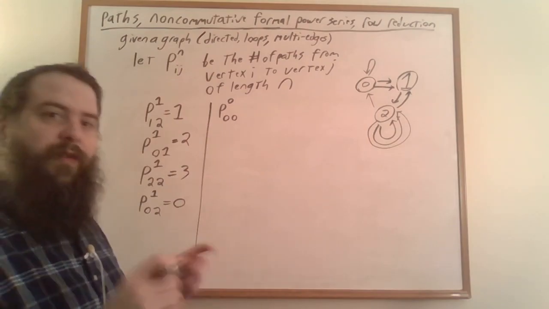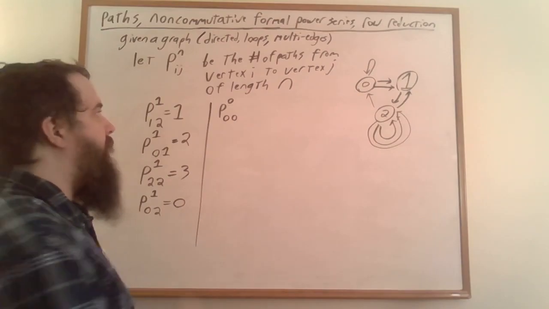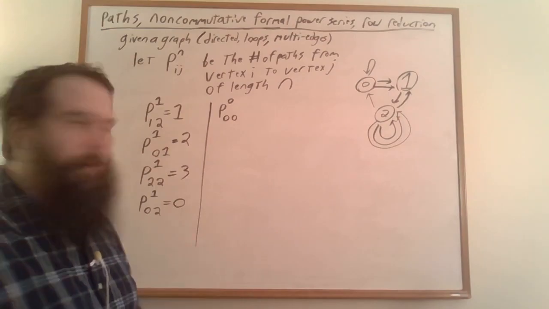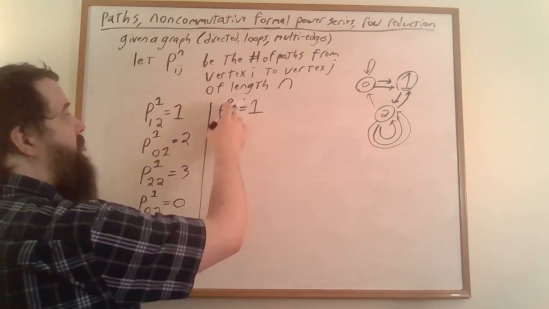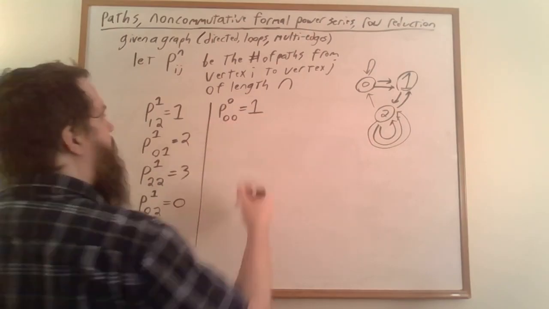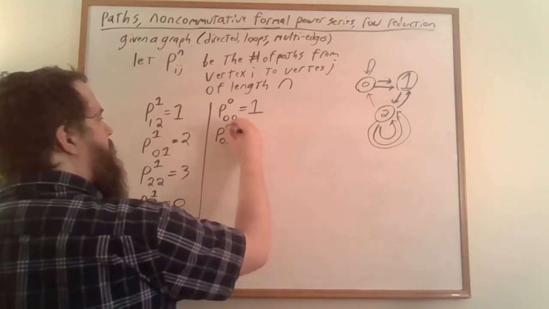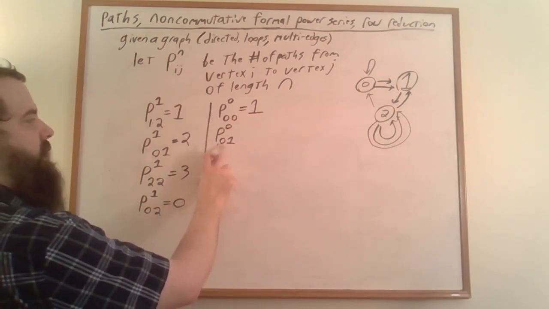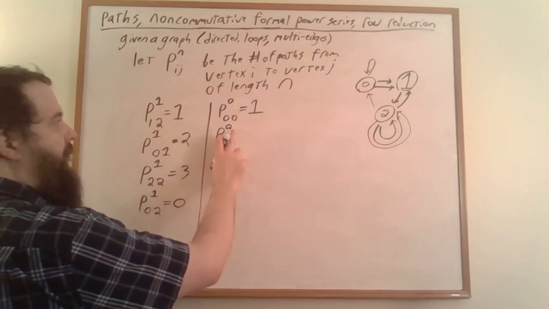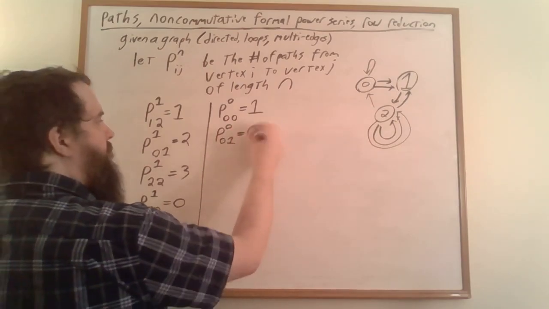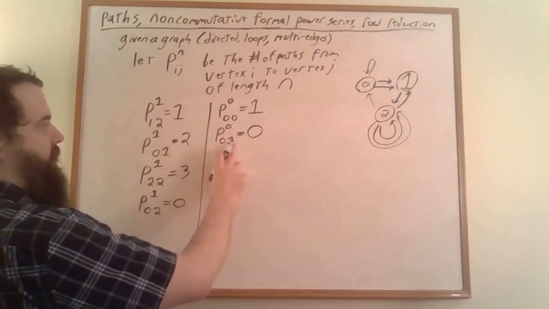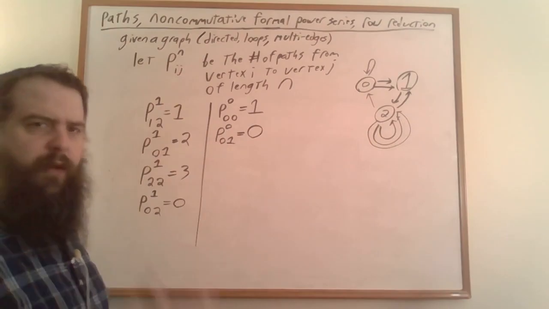But luckily, there is one way to stay put to go from vertex 0 to vertex 0. And that is you stay put. There is one sequence of 0 edges that starts at vertex 0 and ends at vertex 0. On the other hand, it's impossible to get from vertex 0 to vertex 1 without moving along any edges. So there are 0 paths of length 0 from vertex 0 to vertex 1, and so on and so forth.